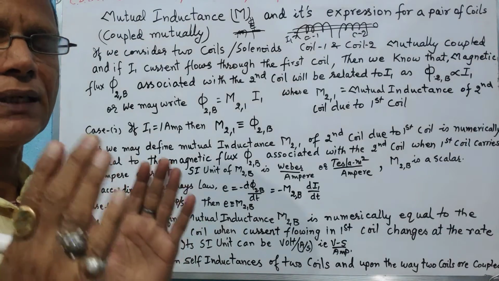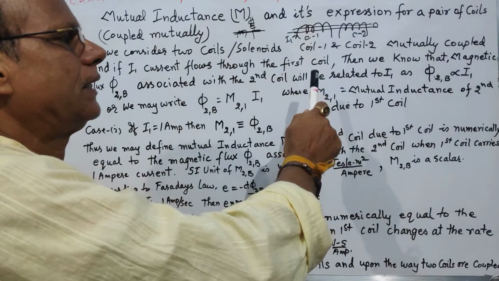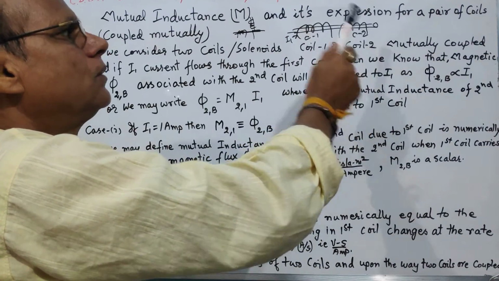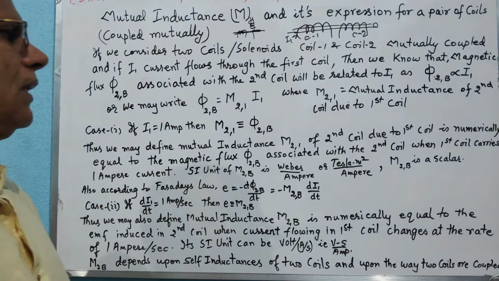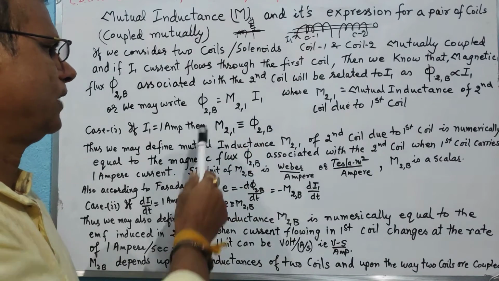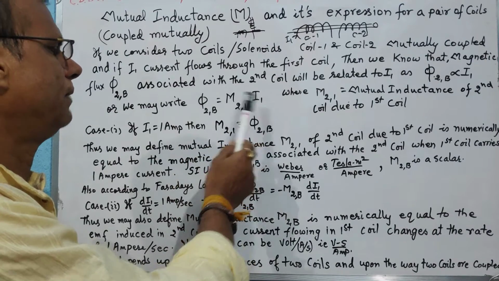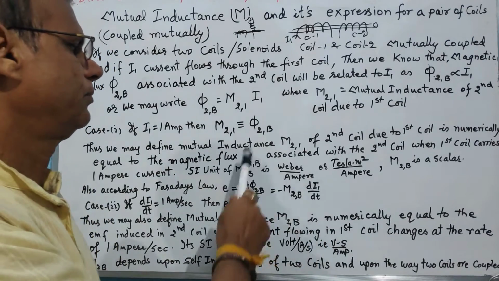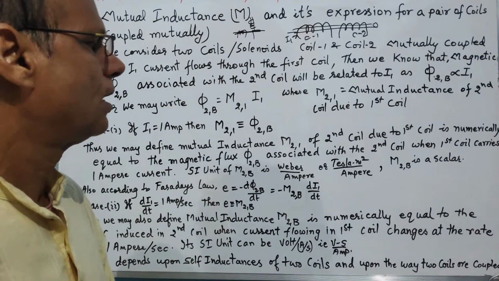From this expression we can find the SI unit of mutual inductance. It will be Weber divided by ampere, and for Weber we can write Tesla meter square, so we can also have the SI unit of mutual inductance as Tesla meter square per ampere.